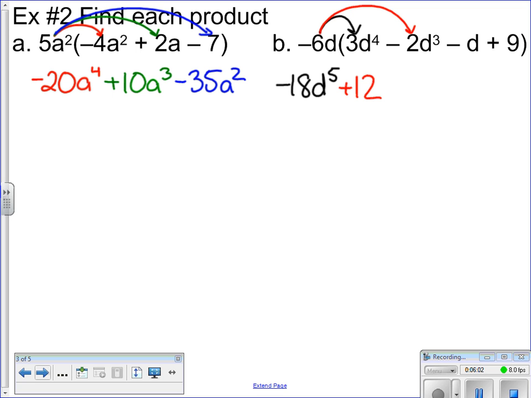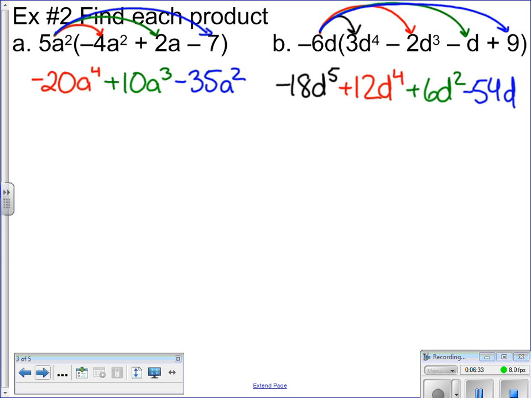D and d cubed is d to the fourth. Third part, negative 6 and a negative. That just makes the 6 positive. D squared. And lastly, negative 6 and 9 make negative 54 d, because there's nothing else for that d to multiply. Okay?